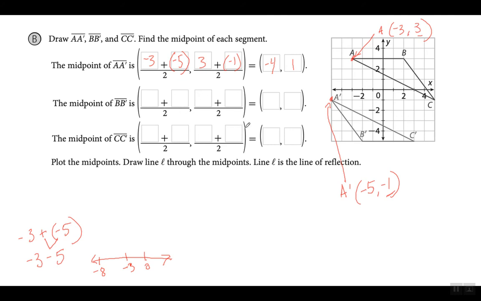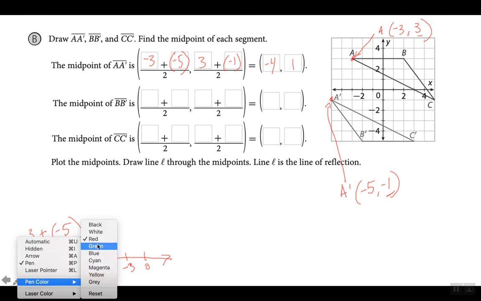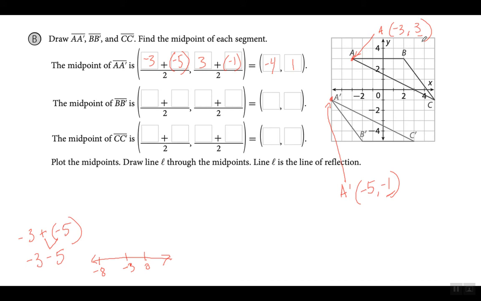Now let's do the same thing to find the midpoint of B prime. B right here is located at +2, +3, and B prime over here is located at -2, -5.